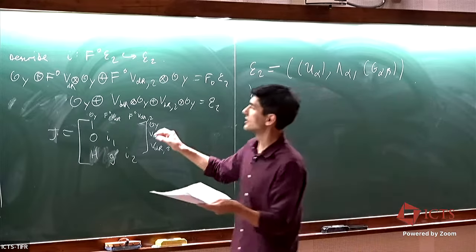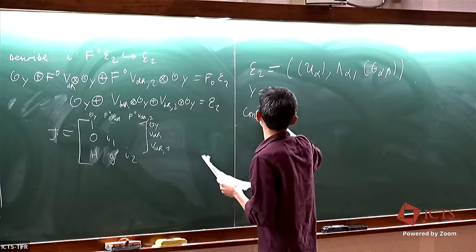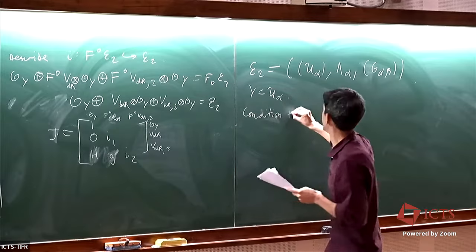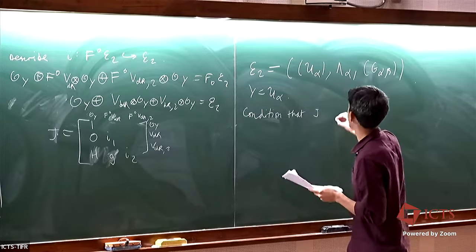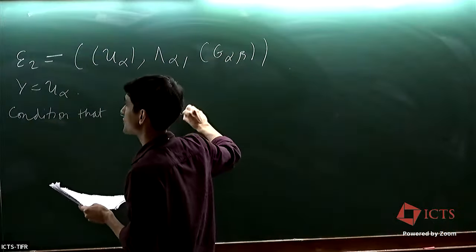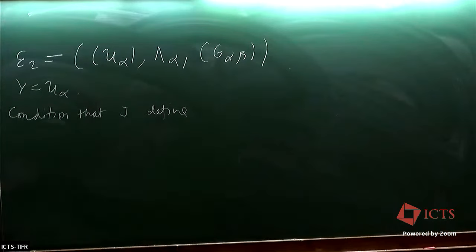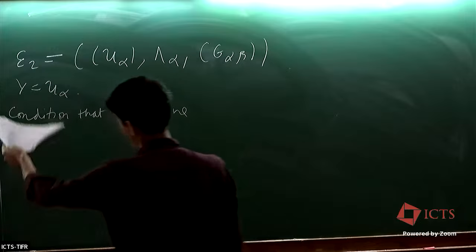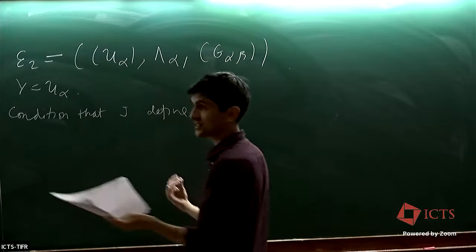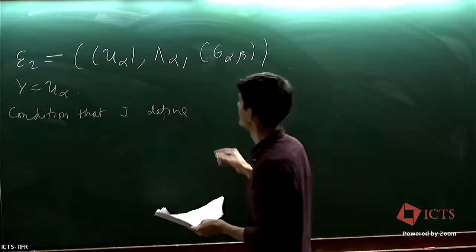So then the condition that J actually defines a subbundle. So this J now, locally on Y, is defining a subbundle of E2 restricted to Y. And when does that extend to a subbundle on X? That's the question.